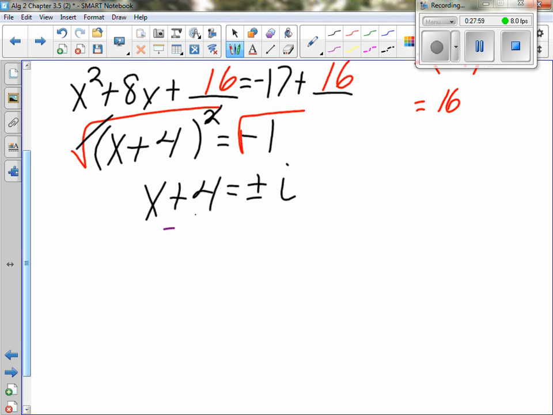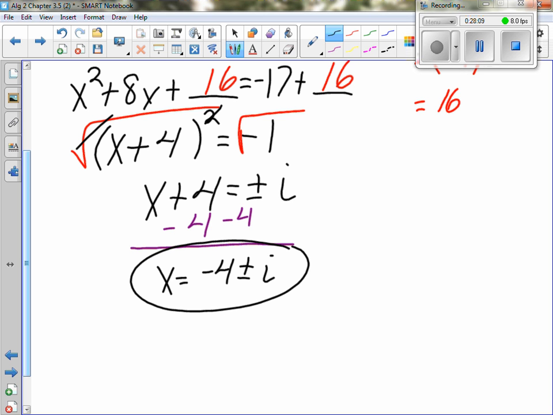Last thing we need to do is we need to subtract 4 from both sides, which gives us x is equal to. Any questions on any of this here? Then this here is completing the square, yes?